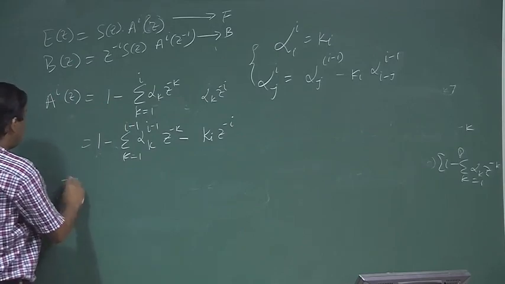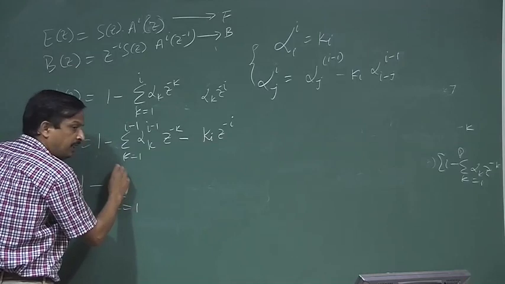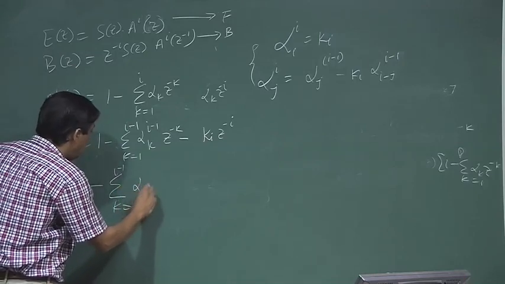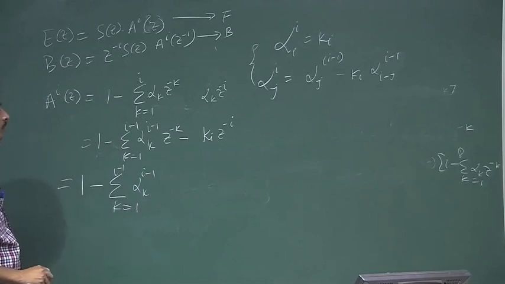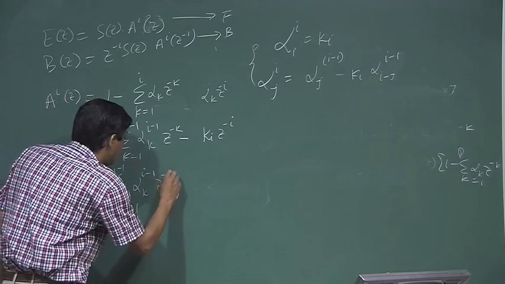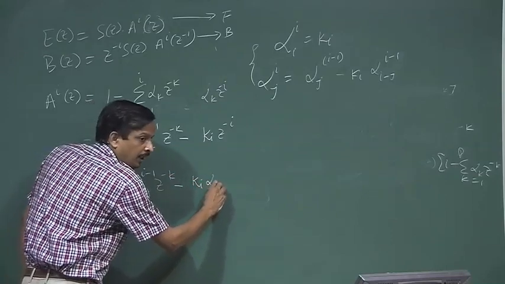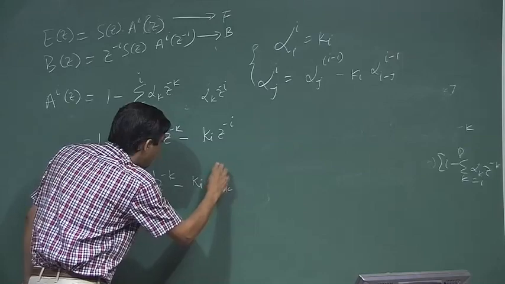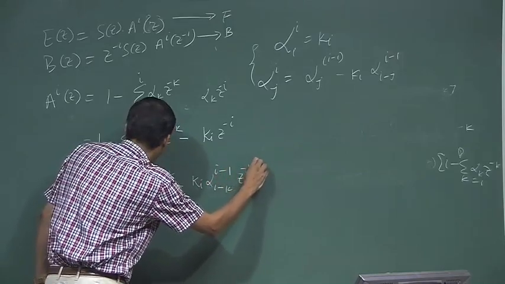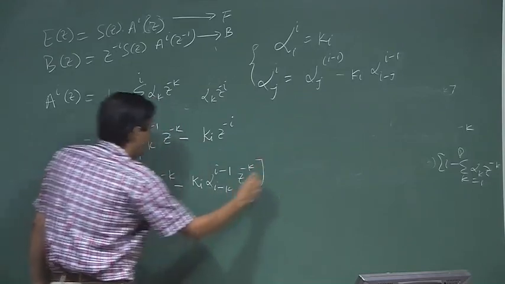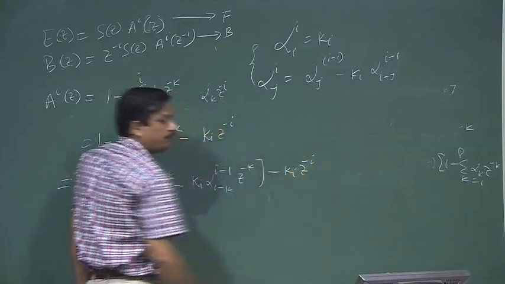Okay. So this is nothing but 1 minus the sum over k equal to 1 to i minus 1 of alpha k i minus 1 z to the power minus k, minus k i alpha i minus k i minus 1 z to the power minus k, and I can write this as minus k i z to the power minus i.